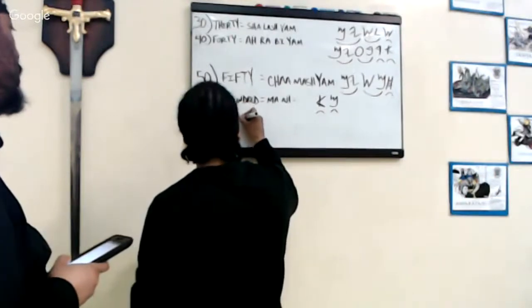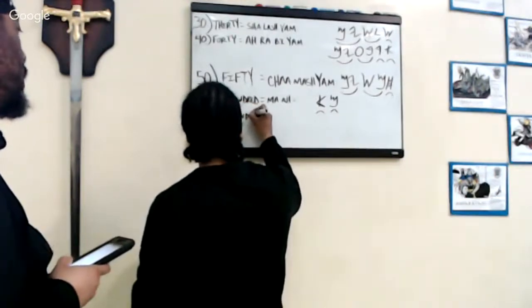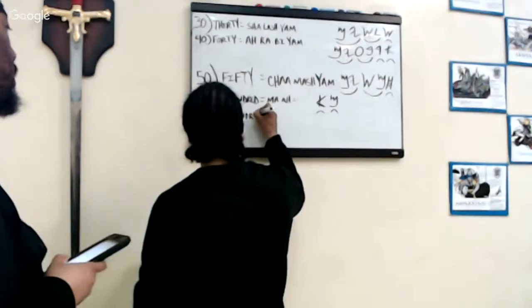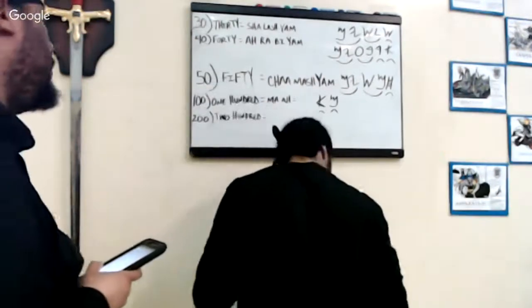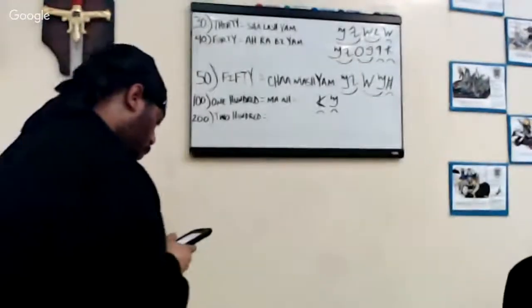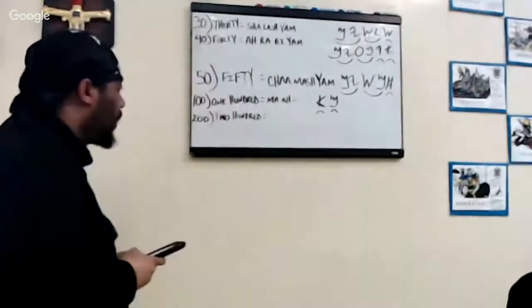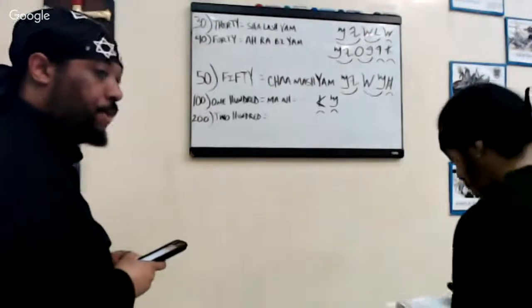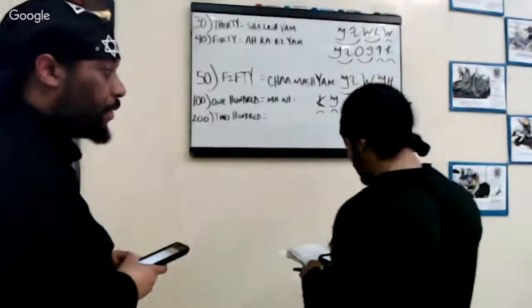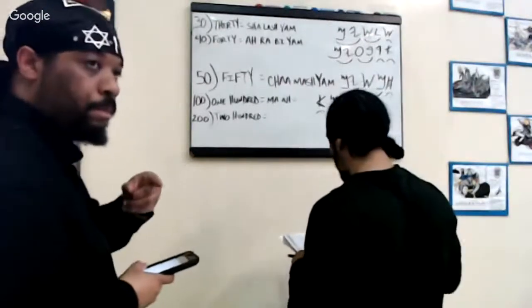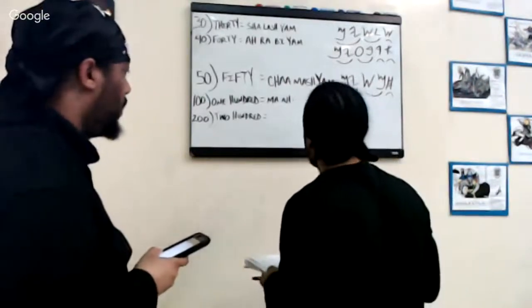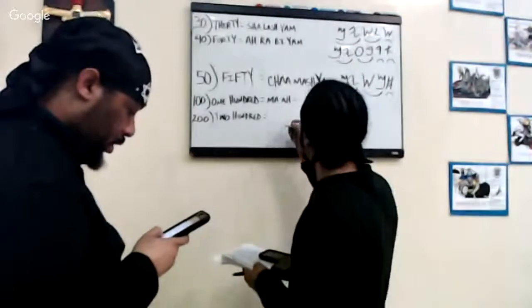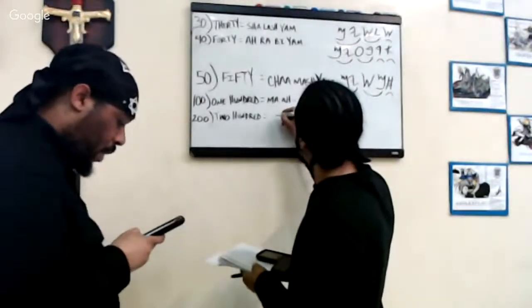Okay, once again, let's reflect back to how we say number 2 in Hebrew. Anyone in the class? Shtayim. Say it again. Shnayim, right. So with shnayim, 200 would be what?